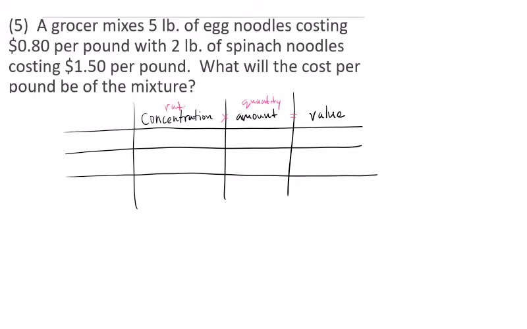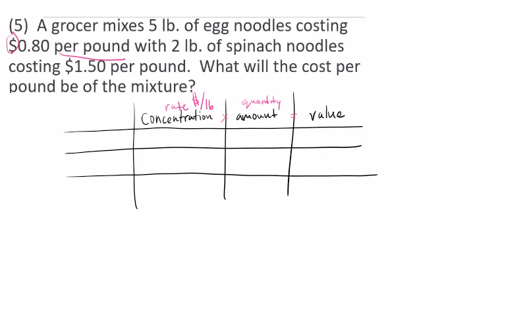Most of the time, or at least the last 3 examples we've seen, concentration was in terms of percent acid, percent grape juice, etc. This time we're talking about a rate. We have pounds, dollars per pound, and so we have dollars per pound in this case for our concentration or rate.